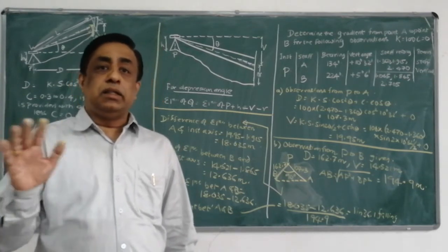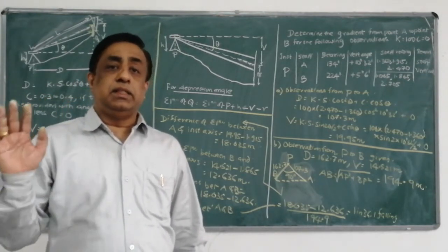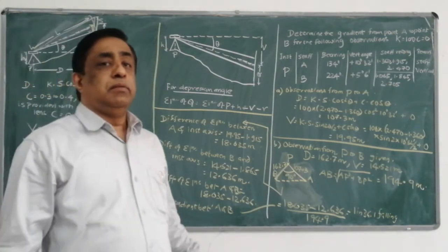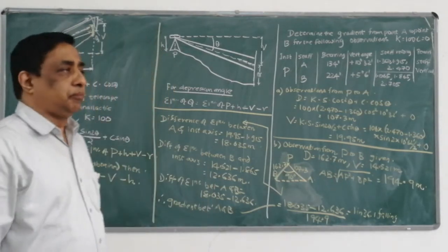We will not alter the crosshair differences in any way. This is not permitted in the stadia method of tachometry. So today we are discussing only the stadia method of tachometry.